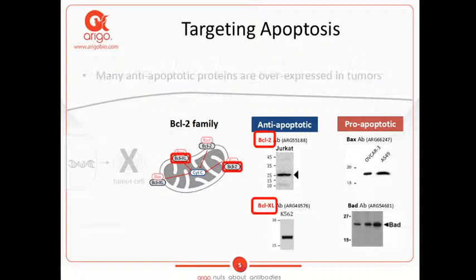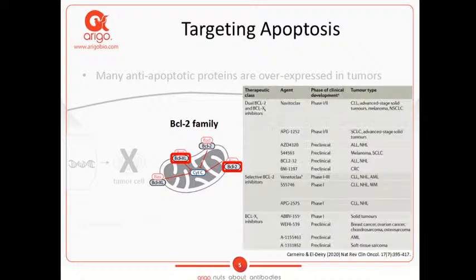BCL2 and BCL-XL are overexpressed, so apoptosis in the tumor cells fails, and the tumor cells survive.